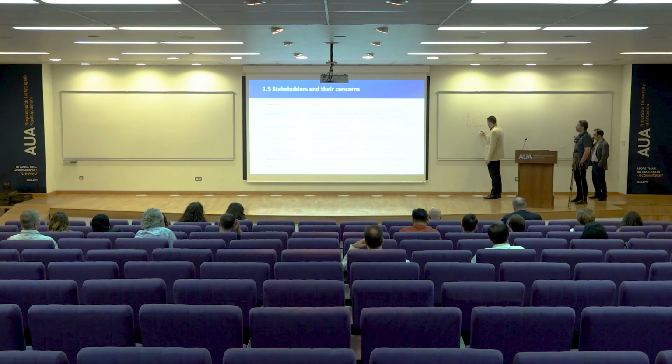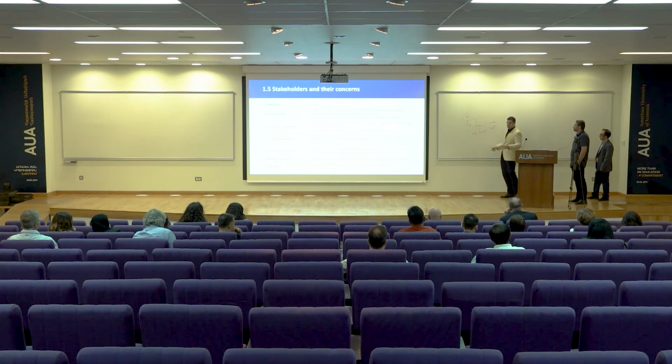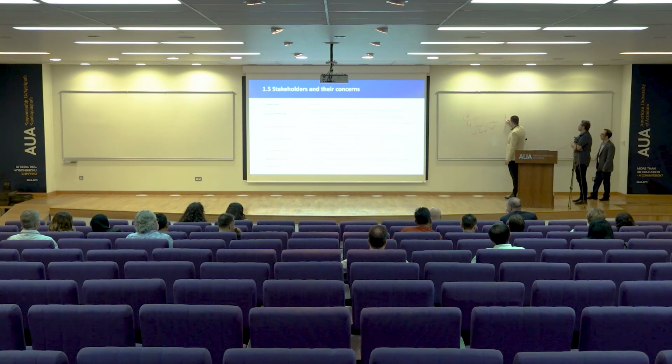Could be their needs, for example, expectations, their strengths, weaknesses. Those aspects will be considered later on as a basis for weighting those stakeholders, and then finally mapping our stakeholders based on our power interest matrix.